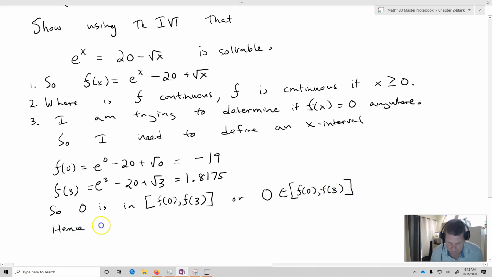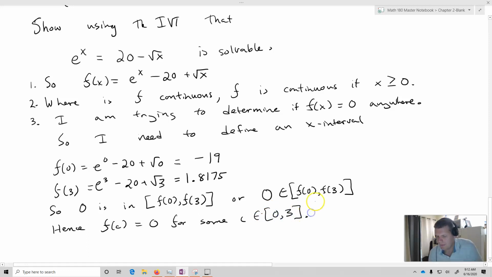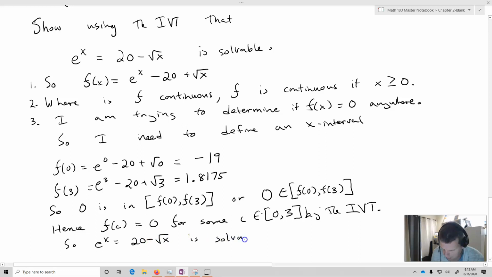Hence, f of c equals 0 for some c belonging to 0 to 3, by the intermediate value theorem, by the IVT. So e to the x equal to 20 minus the square root of x is solvable.